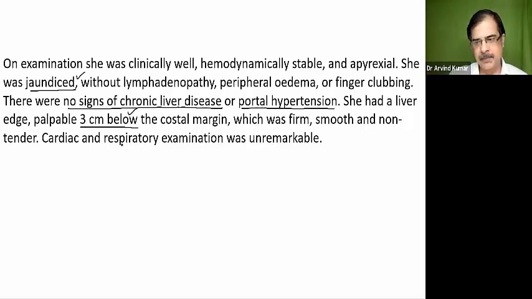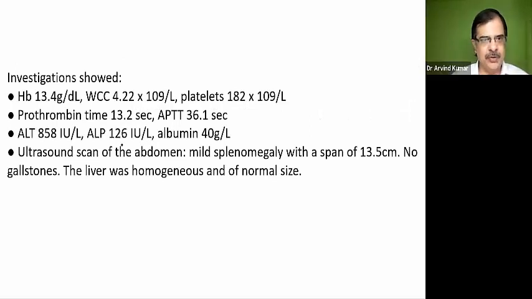Now, in this patient, investigations were done. Hemogram was normal and prothrombin time was okay, but the liver enzymes, the most important thing you will look at in the liver function test, were elevated.